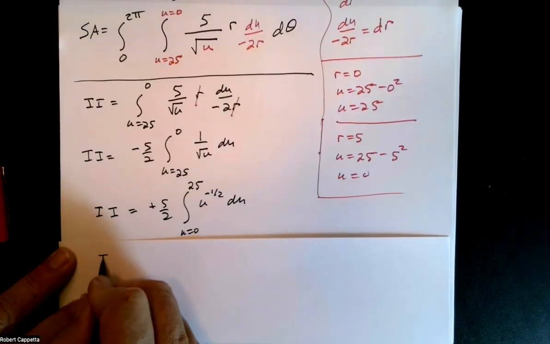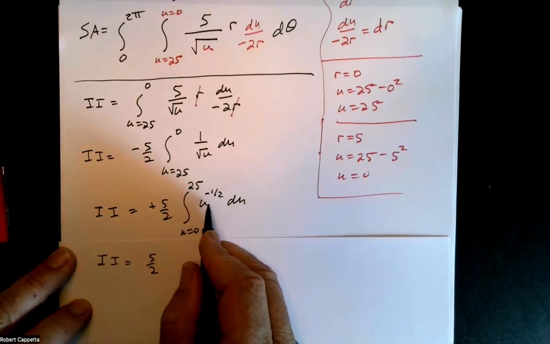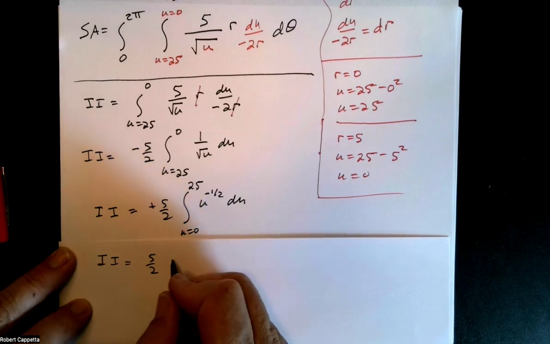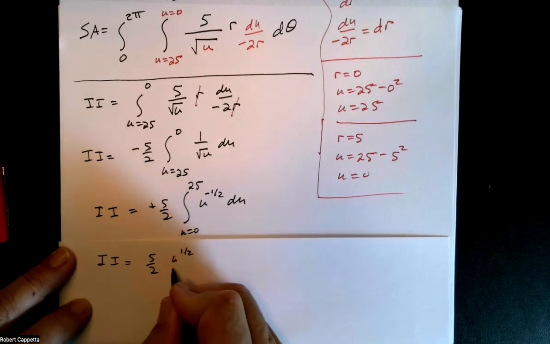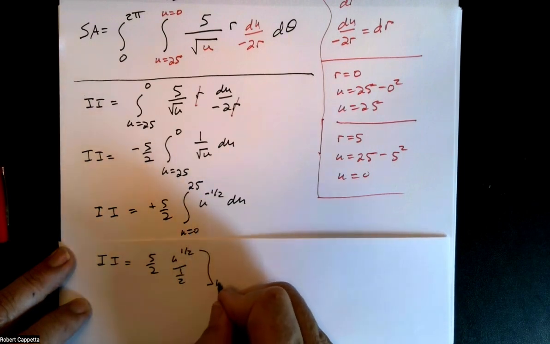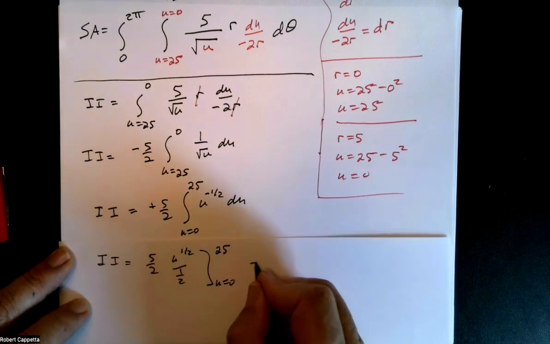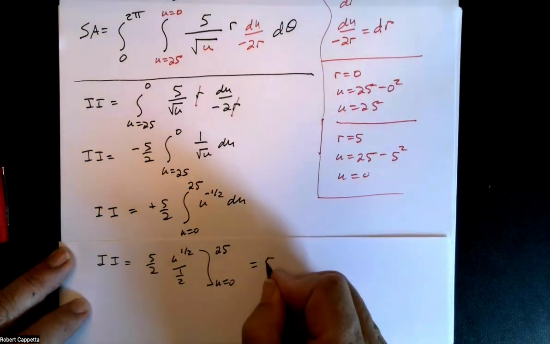Continuing, the inner integral is 5 halves. Now the antiderivative of u to the negative 1/2 would be u to the 1/2 over 1/2, evaluated as u goes from 0 to 25. Well, 5 halves divided by 1/2 is just 5.